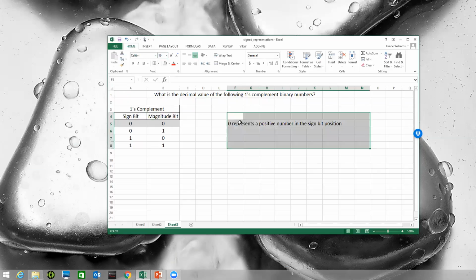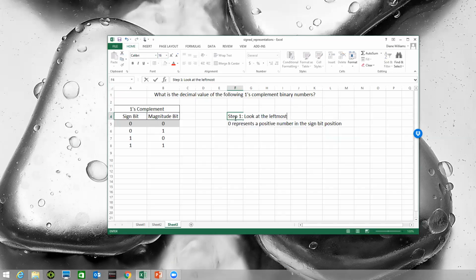Let me make this bigger. Step 1, we look at the leftmost bit. It is the sign bit. We look at that, and we say 0 represents a positive number.